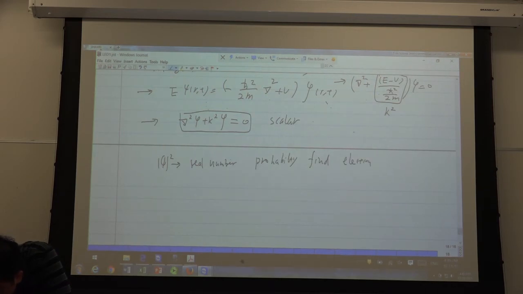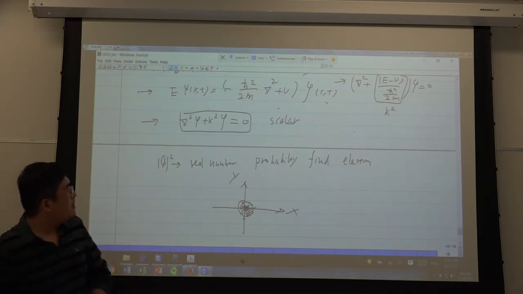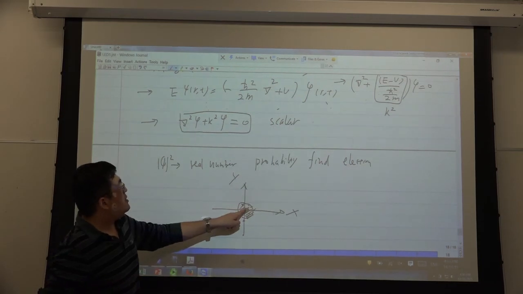Let's give an example. Something like this is the nucleus. It's 3D, I cannot draw this, so maybe I draw this 2D picture. It's X, it's Y. If this is higher, it means it has a larger probability to find the electron here.